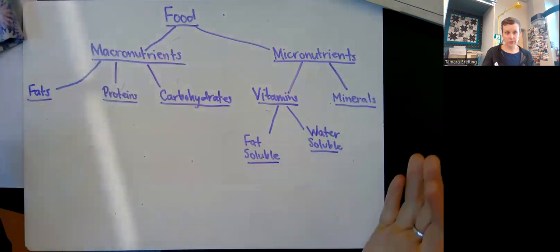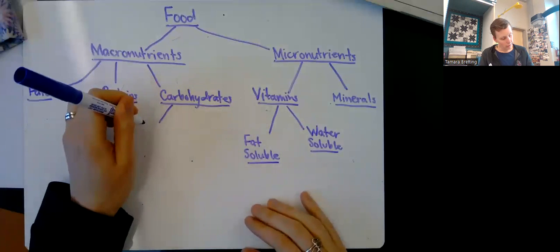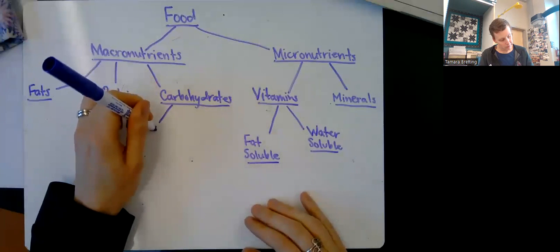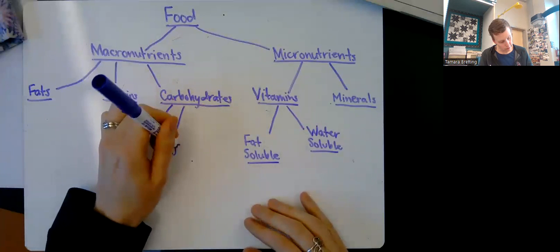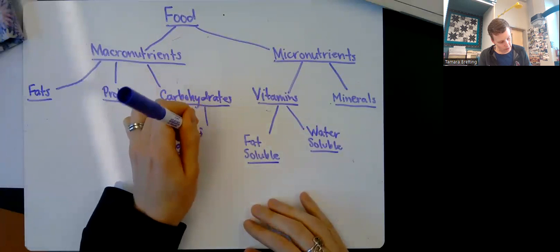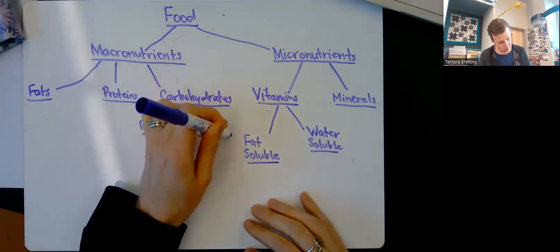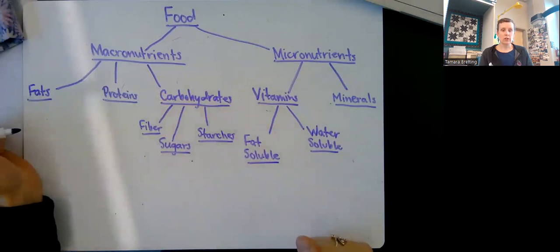Now, they also subdivide a little bit. Carbohydrates, they split into fiber, sugars, and starches. Fiber, sugars, and starches.